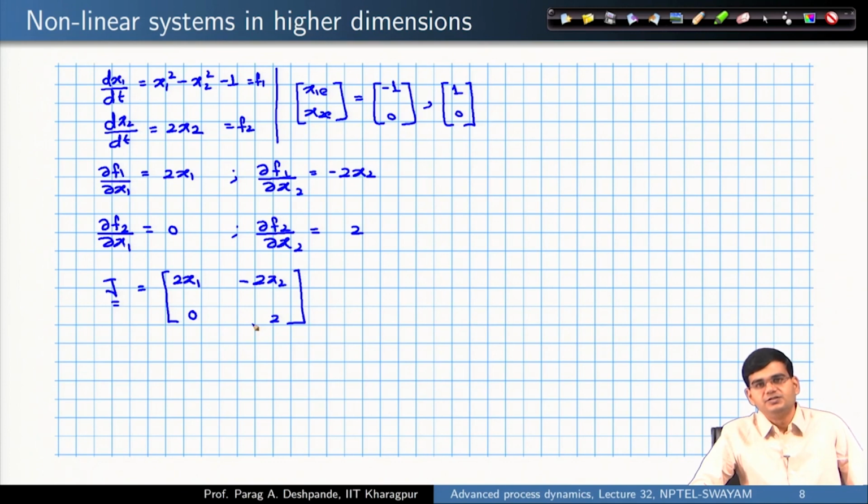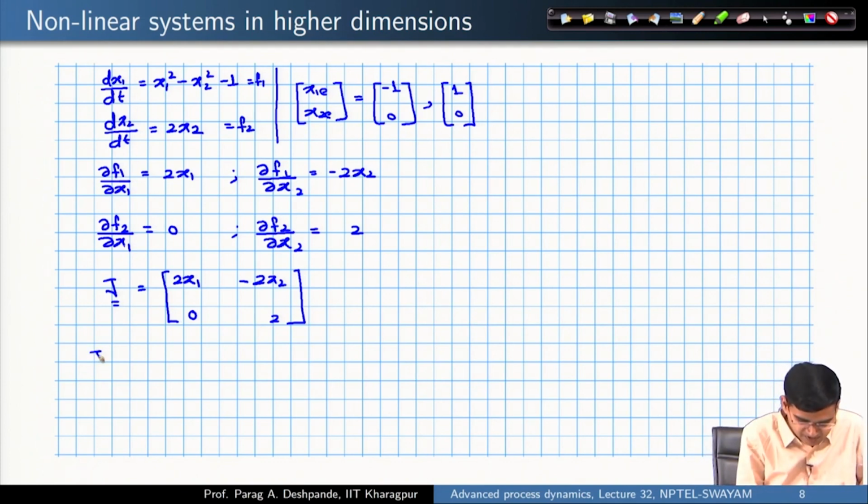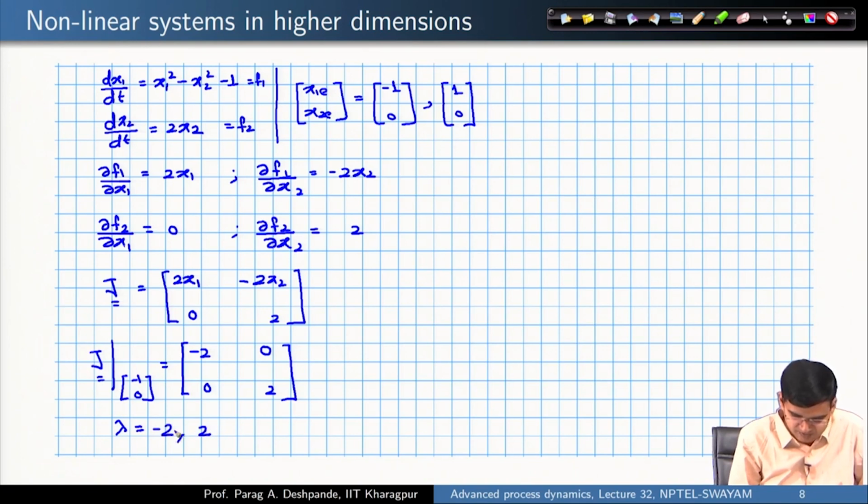Okay. So, in order to get an idea about the solutions, I will determine this Jacobian at minus 1 0, and this is going to be minus 2 0 0 2, which has the eigenvalues minus 2 and 2.